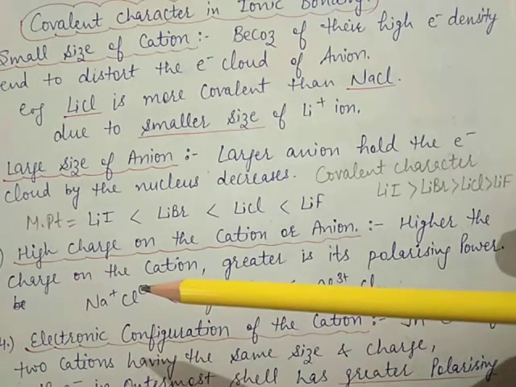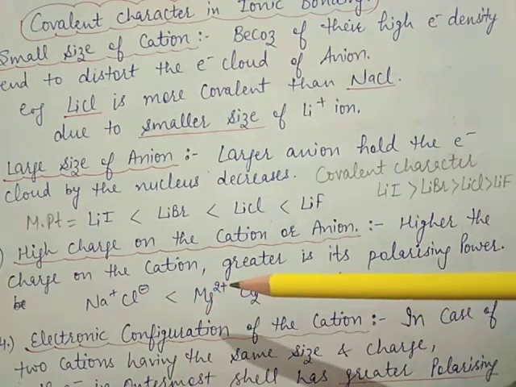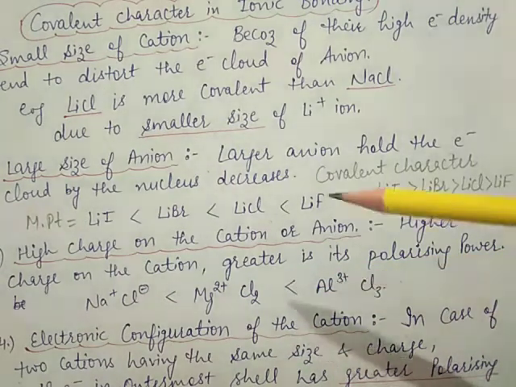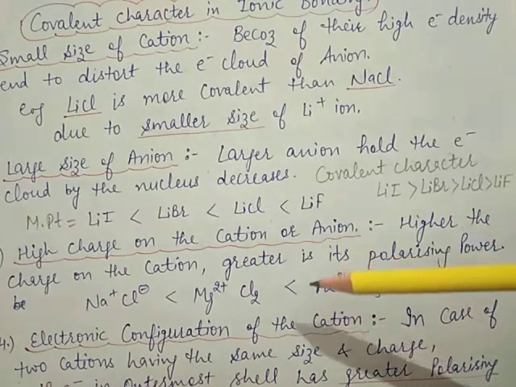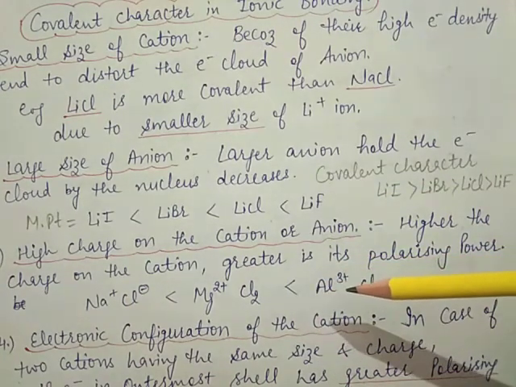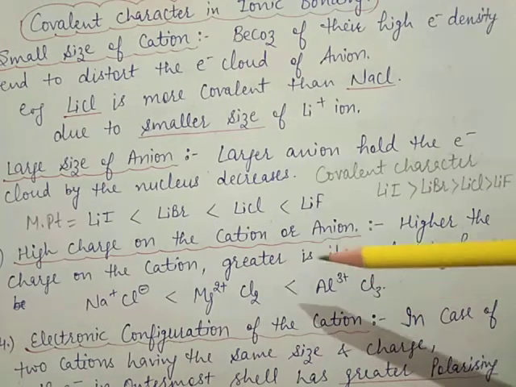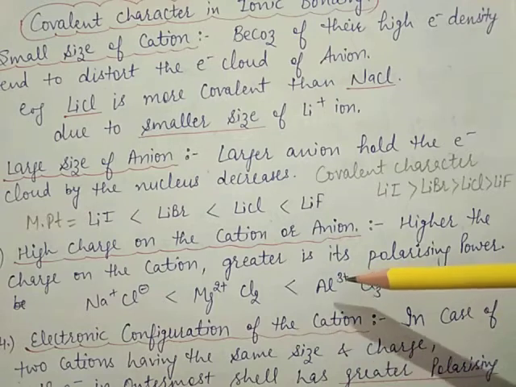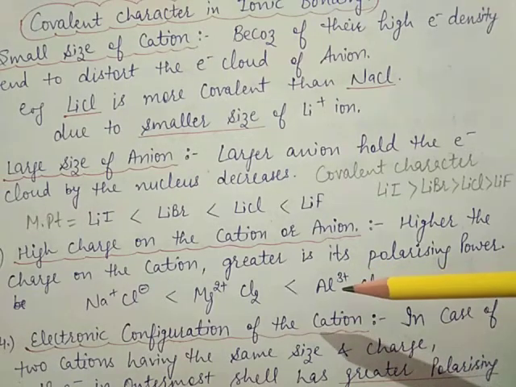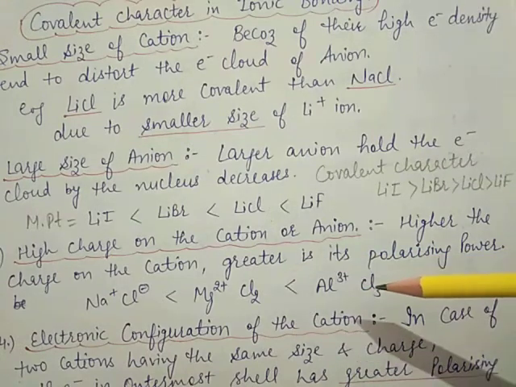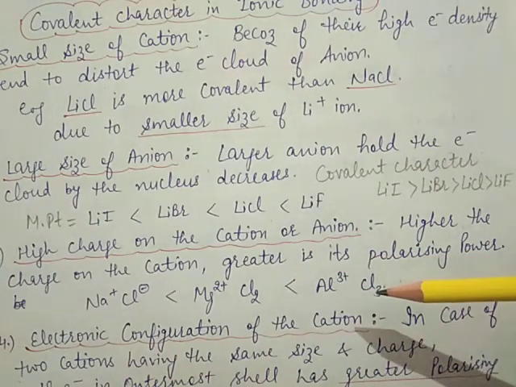So Na has a +1 charge, magnesium has a +2 charge, and aluminium has a +3 charge. So here the charge on the cation is higher in case of aluminium, so its polarizing power also increases, so the covalent character also increases. Similarly, in the case of negatively charged anions, higher the charge on the anion, more easily it gets polarized.